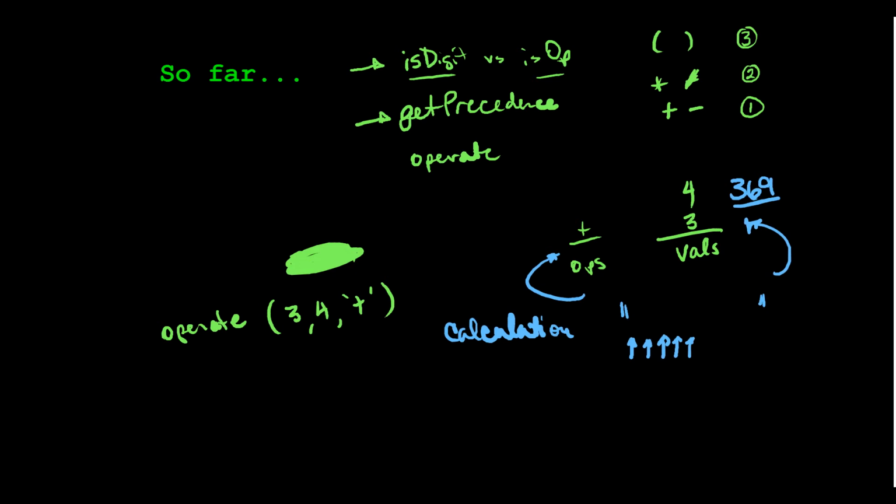And of course, figuring out, oh, a multiplication has higher precedence than addition does, so I need to make sure this calculation gets done before this calculation gets done. All of this is what we're going to cover in today's video. So let's get to our IDE.